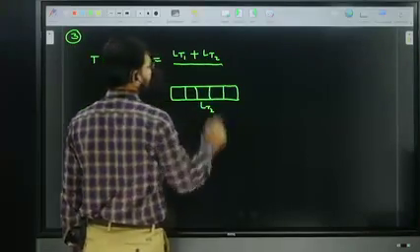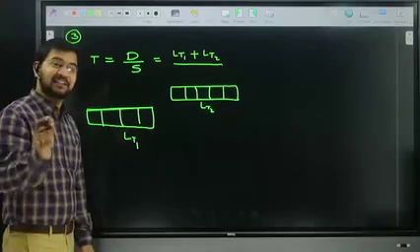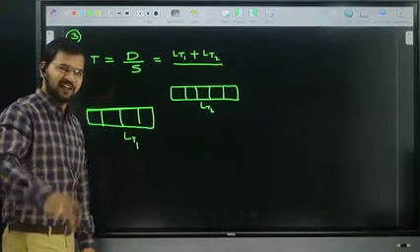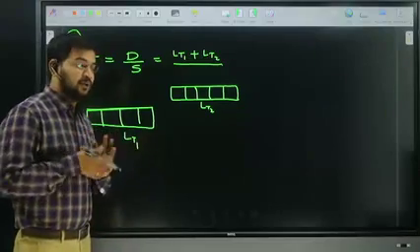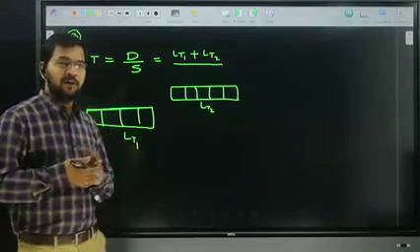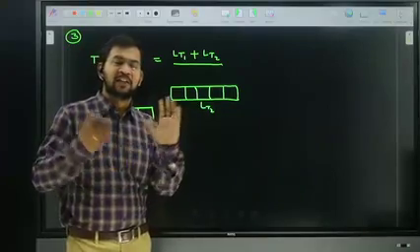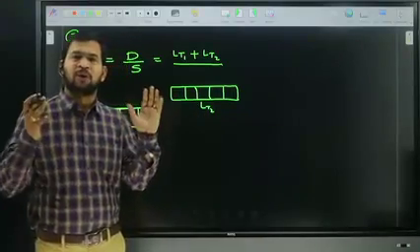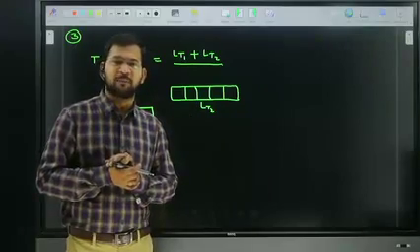Divided by what? Here both the trains are in motion. One train is crossing another moving train. I already told the relative speed concept. Whenever two objects are in motion simultaneously, the relationship between them is nothing but relative speed.